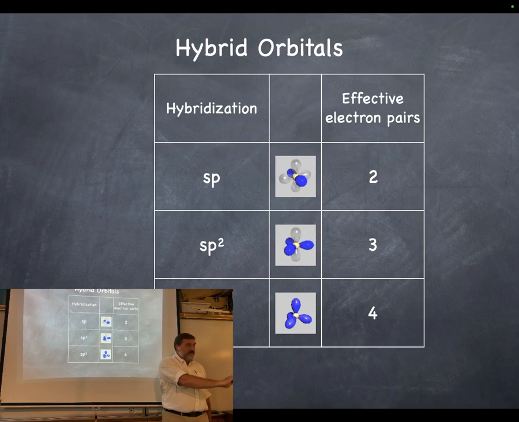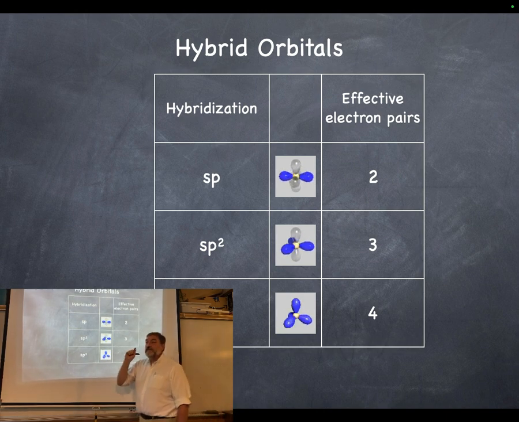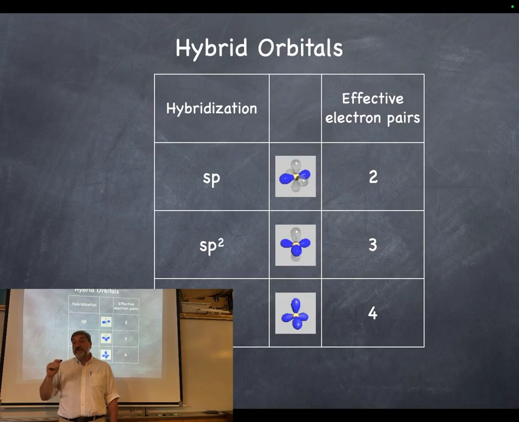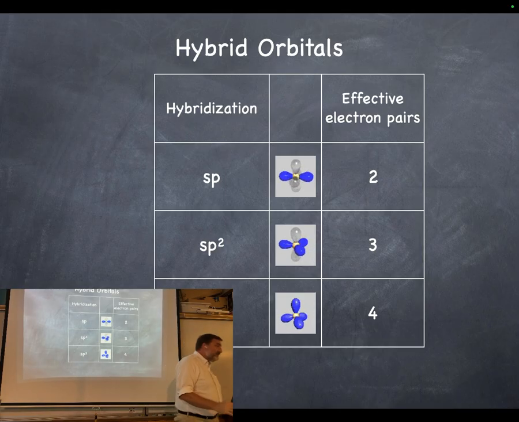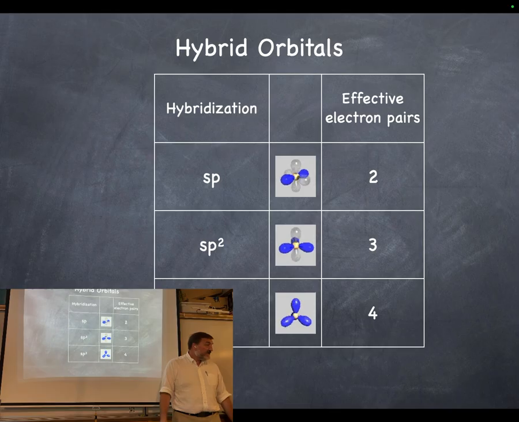Now, before anybody raises their hand to try and get the chocolate coin, the notes go on to talk about dsp3 and d2sp3. So I want to highlight this. Nobody thinks that d orbital hybridization is good chemistry anymore. The ACS, American Chemical Society, the College Board, IUPAC, everybody has said, hey, we're not even going to teach this anymore.